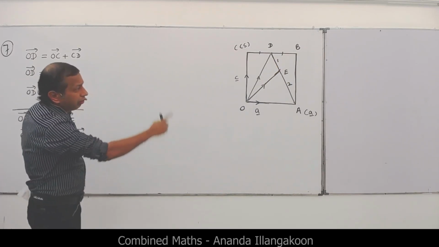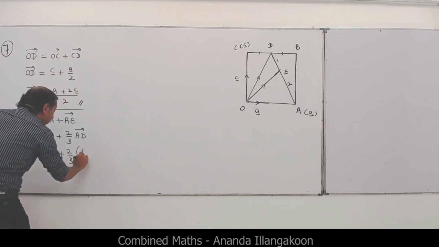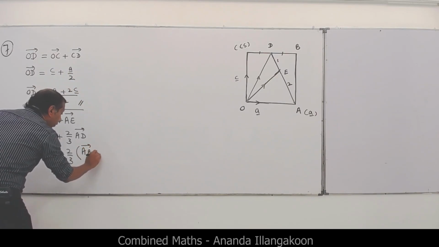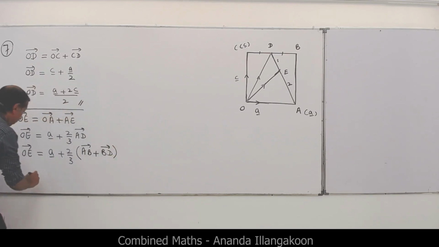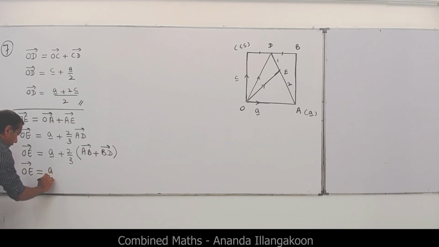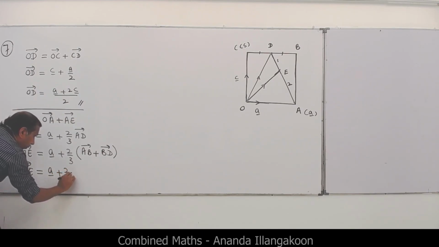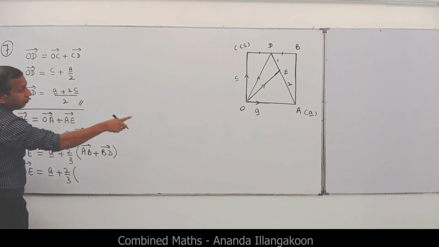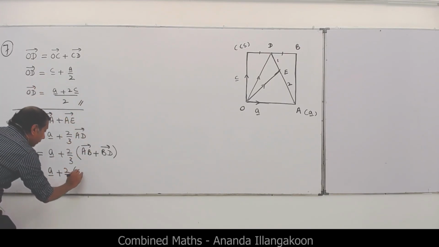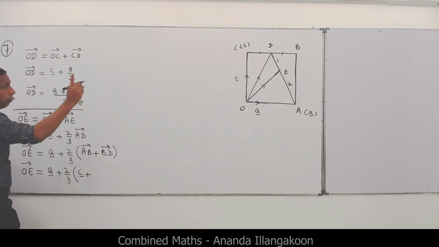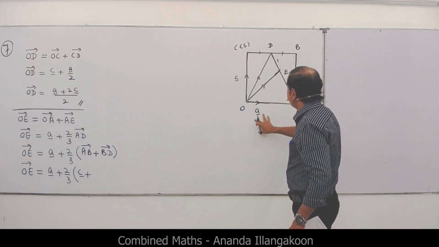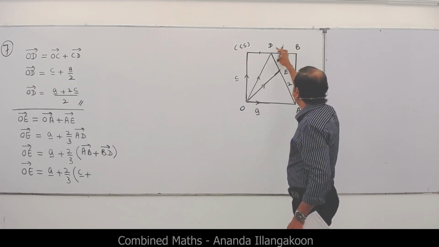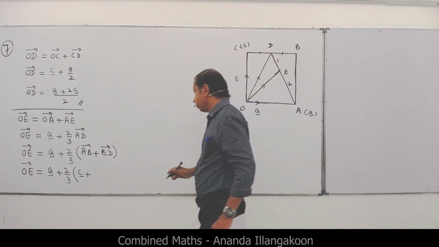AB vector plus BD vector. Then OE vector is equal to A vector plus 2/3 times AB vector, which is the same as OC vector, simple C vector, plus BD vector. BC vector is minus A, and D is the midpoint, then BD is minus A by 2.